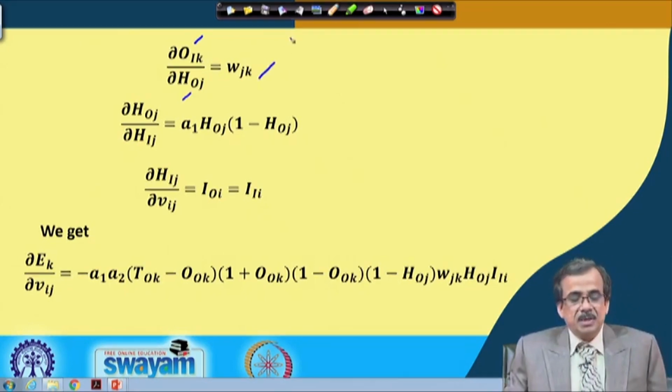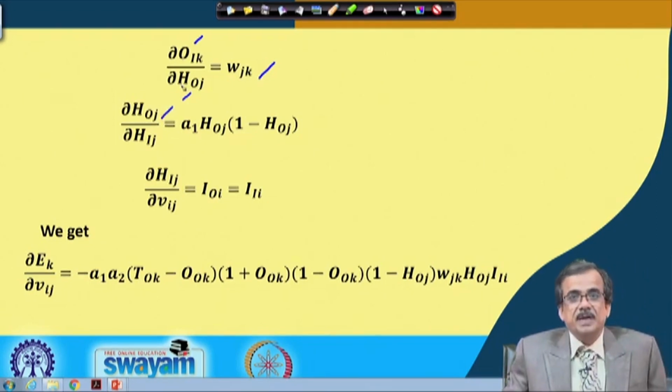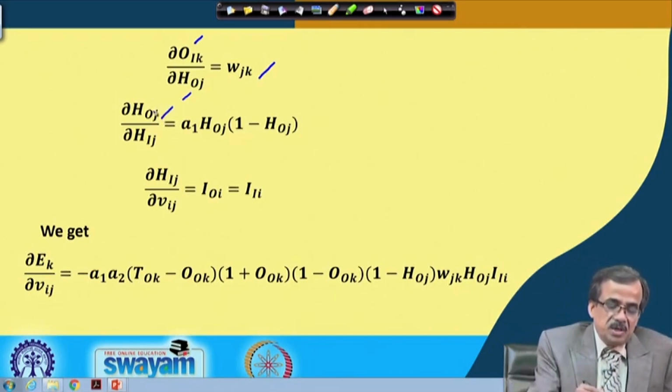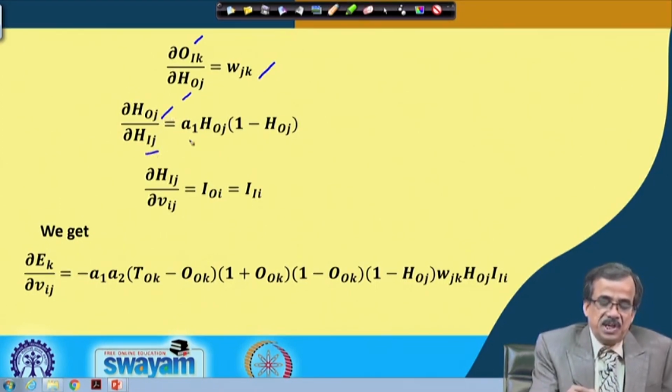which also we have seen. Now, I am just going to find out the partial derivative of H_Oj with respect to H_Ij. This is the jth output of the jth neuron lying in the hidden layer, and this is the input of the jth neuron lying in the hidden layer.